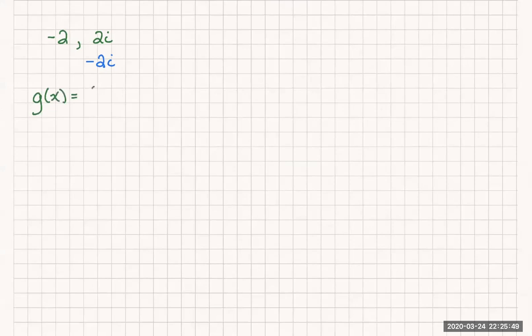So plug it into my linear factorization theorem. x minus negative 2, which is x plus 2, x minus 2i, and x minus negative 2i, which is x plus 2i.